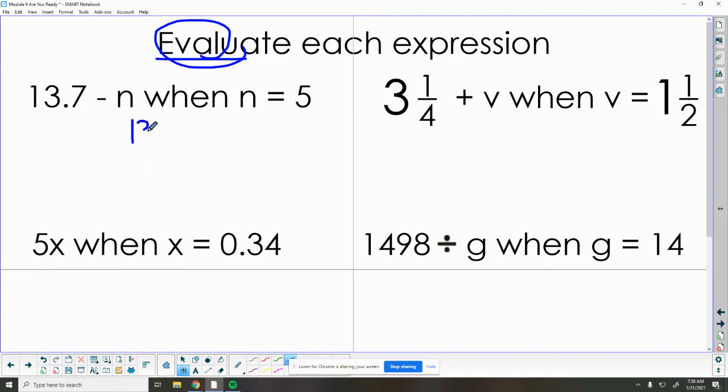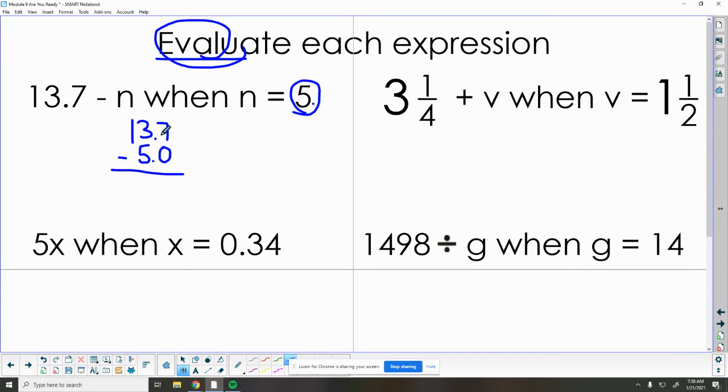So here we have 13.7. We have a 1 in the tens place, 3 ones, and then 7 tenths. This 5 for n is 5 wholes, the decimal at the end of it. And when we're adding and subtracting, we need to make sure we line those decimals up. So it's actually going to look like this.